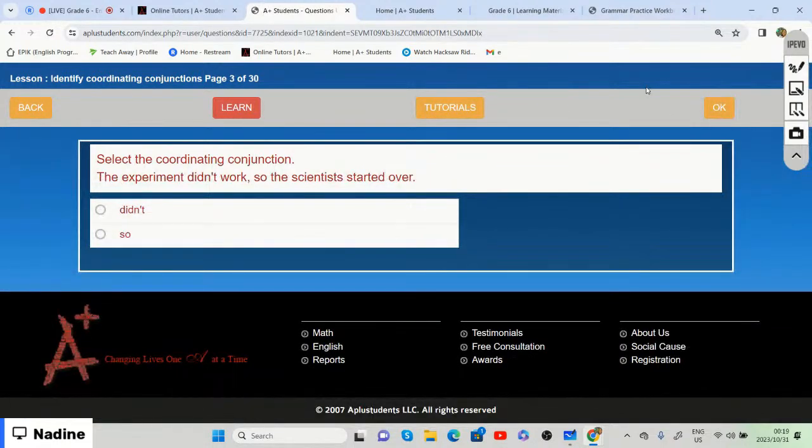The experiment didn't work, so the scientists started over. Is it "didn't" or is it "so"?